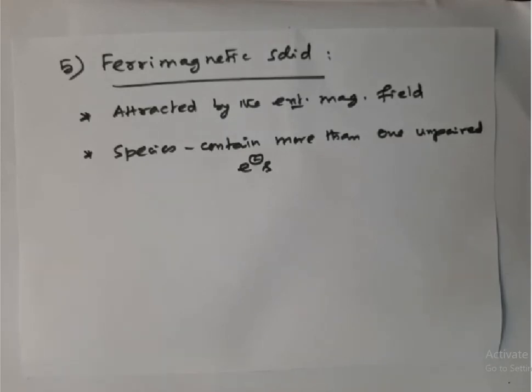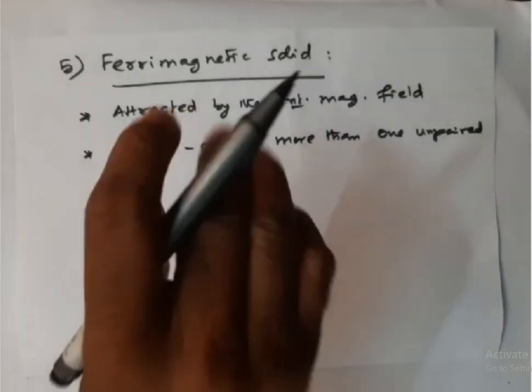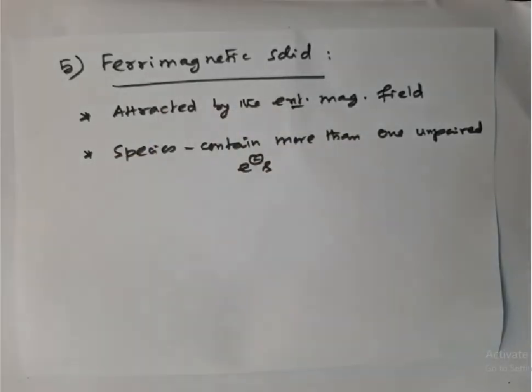When the species contain more than one unpaired electron, we normally expect that the solid should be strongly attracted. But what I said is it is somewhat weakly attracted compared to ferromagnetic solid. Why? What is the reason?